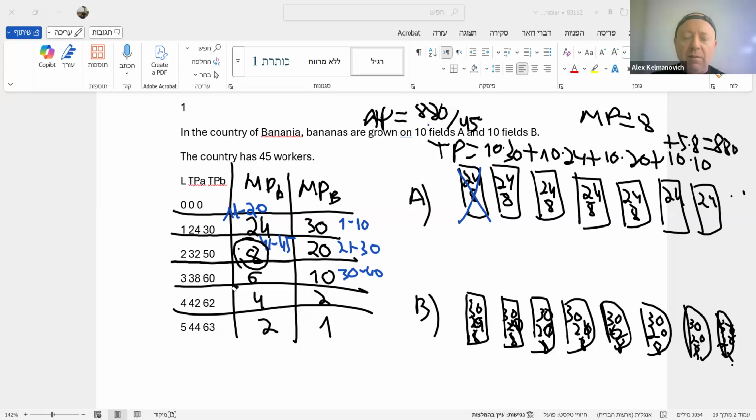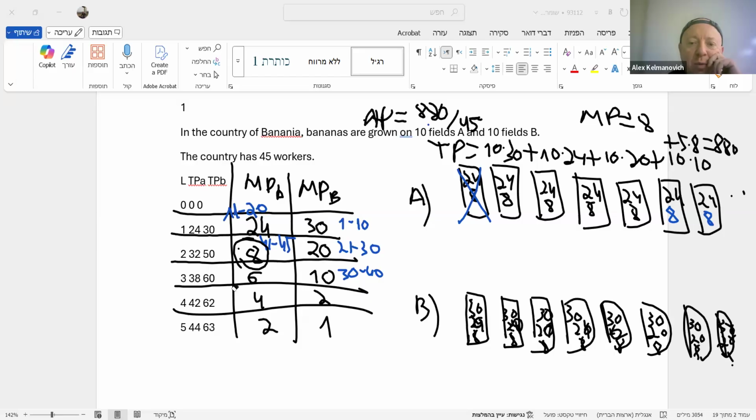If I delete this one with two labors, I have to find a new place for these two labors. So what is the best place for now? Another field of type A. Exactly. We have places for both of them on the second row in another field A. So everybody produces 8 bananas.